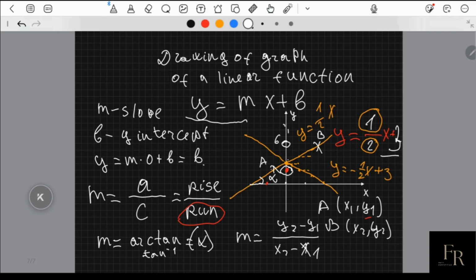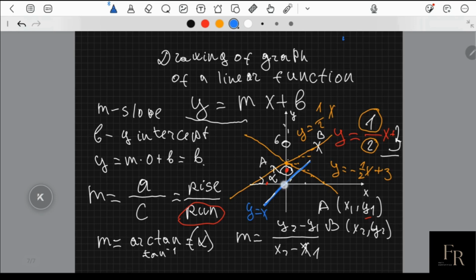If the function goes from this line, you remember last time we talked about this is y equals x. This function here is y equals x. Why? Because here b is 0.